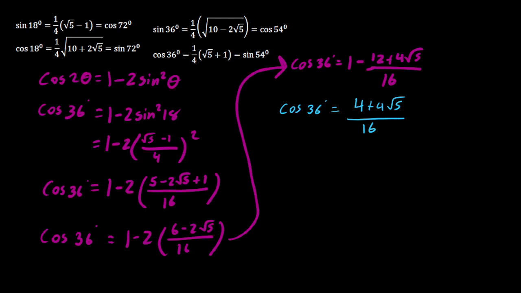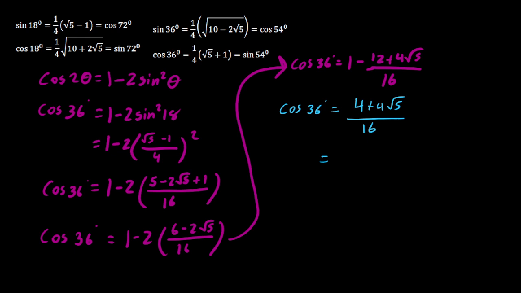Right? So, and when you just simplify this, I mean, if you're wondering how I got from here to here, this is 16 over 16. So 16 minus 12 plus 4 root 5, that's 4 plus 4 root 5. I've just skipped a few steps.